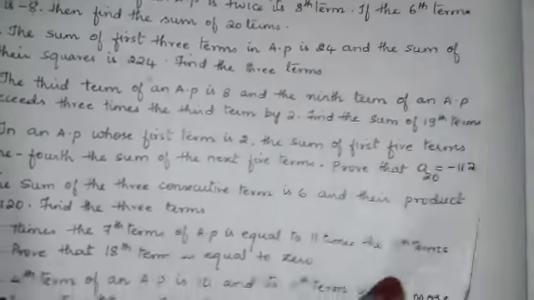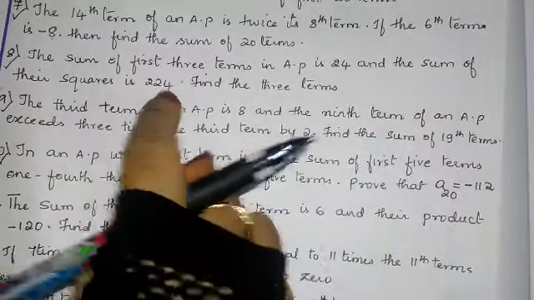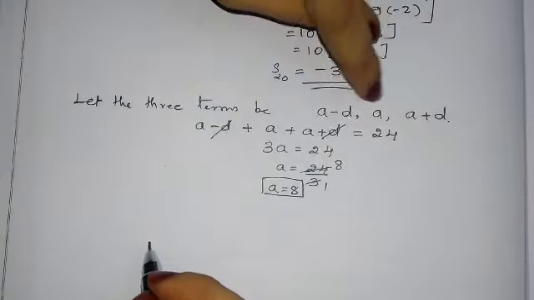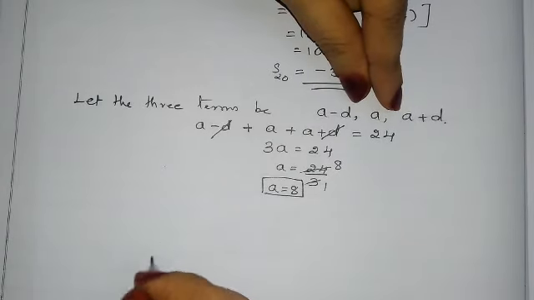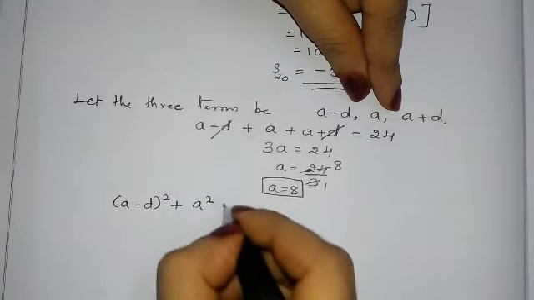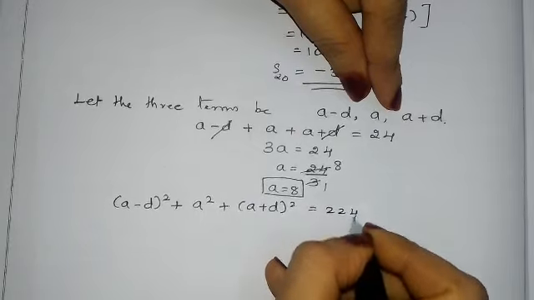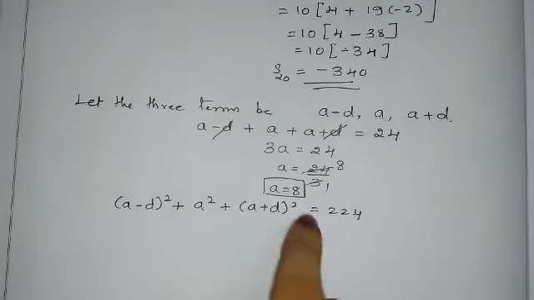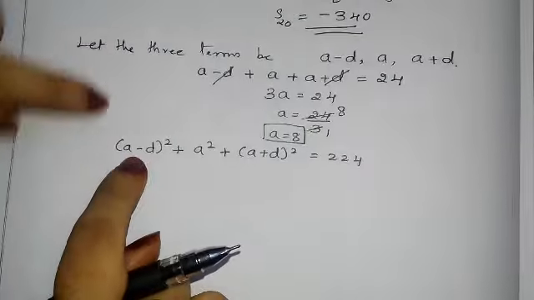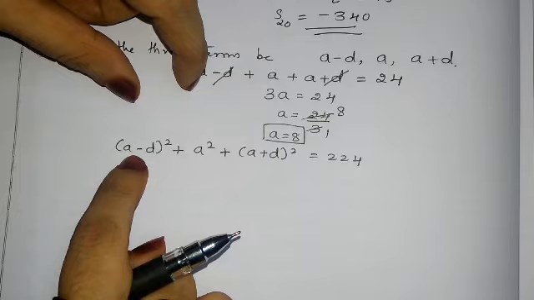The continued question is, and the sum of their squares is 224. Find the 3 terms. Sum of their squares, that is, now let us do squaring of each and add. A minus D whole square plus A square plus A plus D whole square is equal to 224. Now we can see here the formula A minus B whole square, that is A square minus 2AB plus B square.